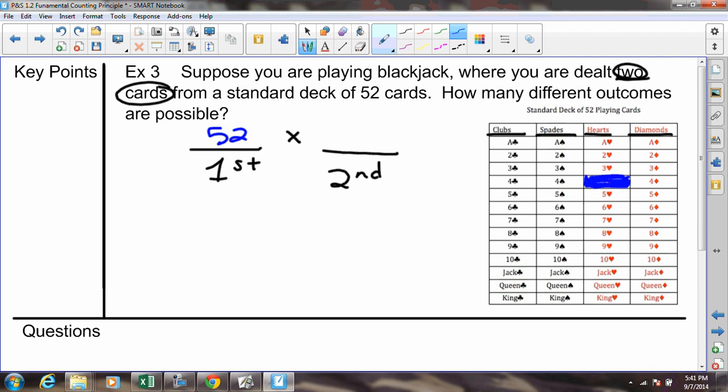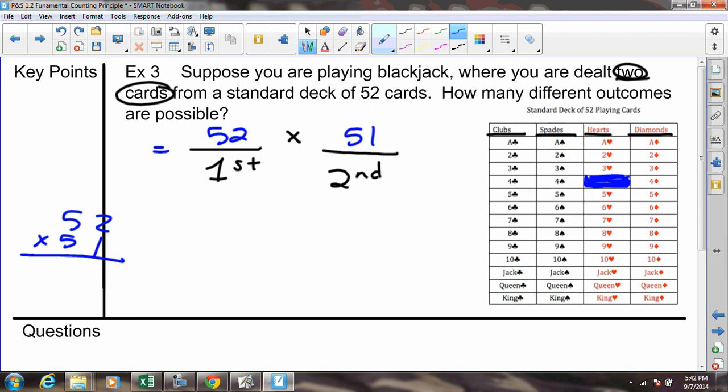How many different options are still available? There are still 51. Thus, according to the fundamental counting principle, if we want to answer this question, all we have to do is take 52 times 51. We multiply those 2 numbers and we have our answer.